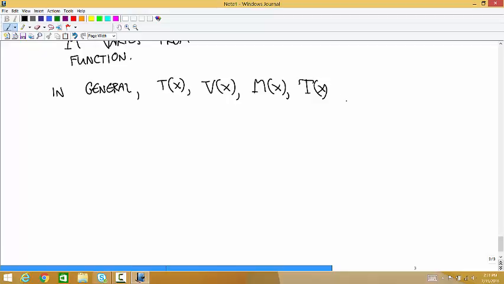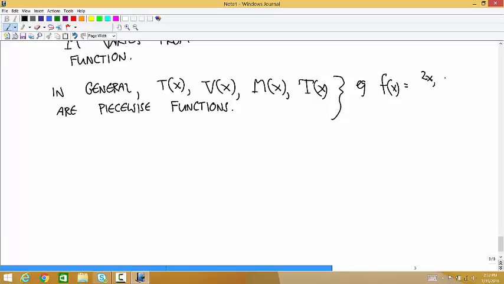Okay, so in general, these functions are piecewise functions. So the piecewise functions are like, you know, remember stuff like this. F of x is equal to 2x for x less than 5, x squared for x greater than or equal to 5.